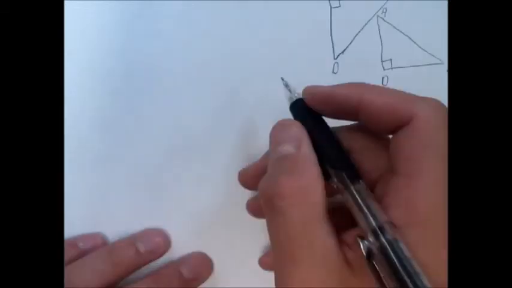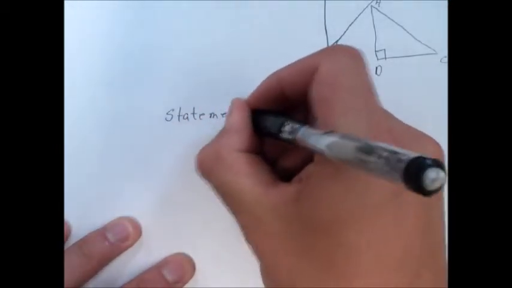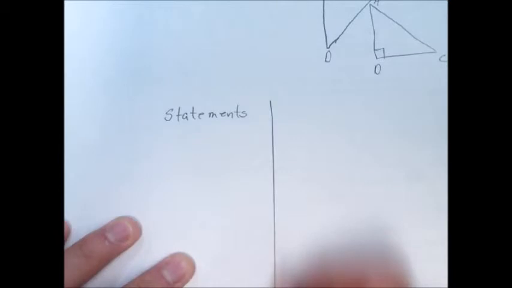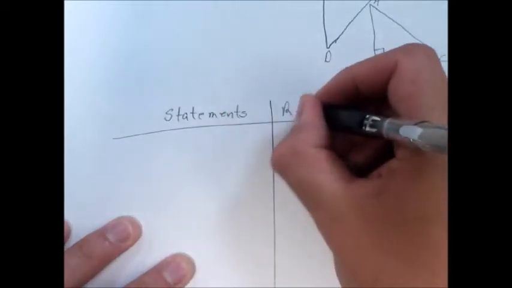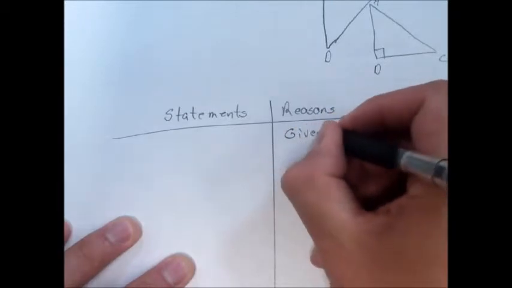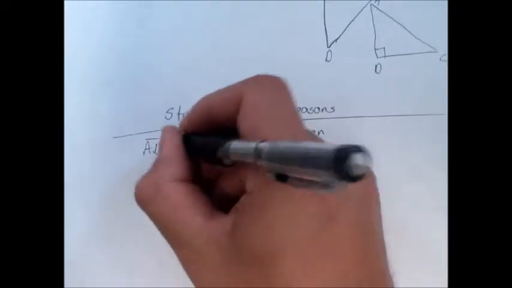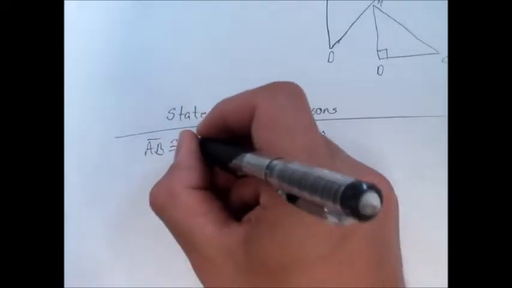But in order to start a proof, I of course need the statements and reasons column. So statements, and then reasons in my other side. First reason is normally always a given, and our given in this case was AB is congruent to DC.